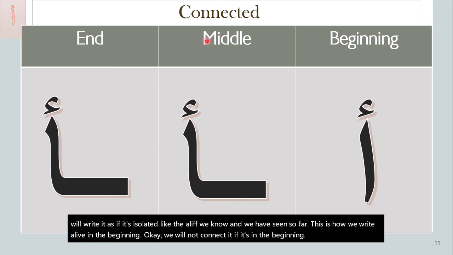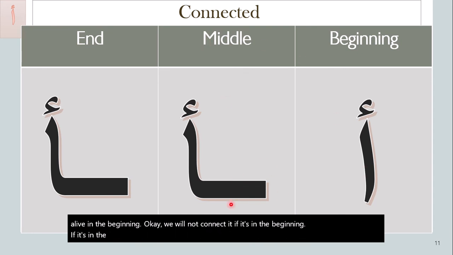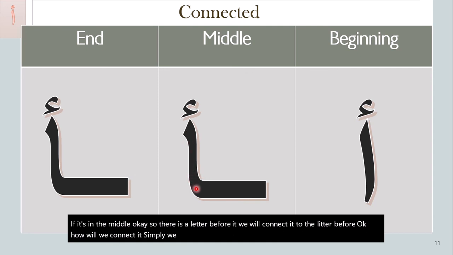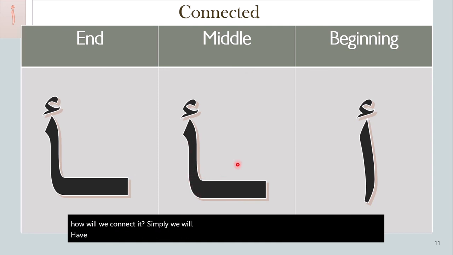If it's in the middle, so there is a letter before it, we will connect it to the letter before. How will we connect it? Generally speaking, to connect letters together in Arabic we use a short horizontal line, like with all letters.